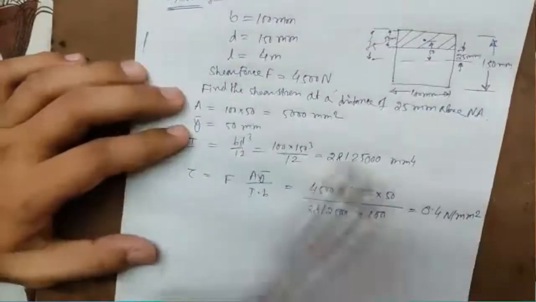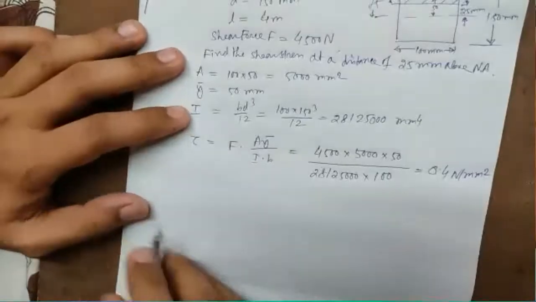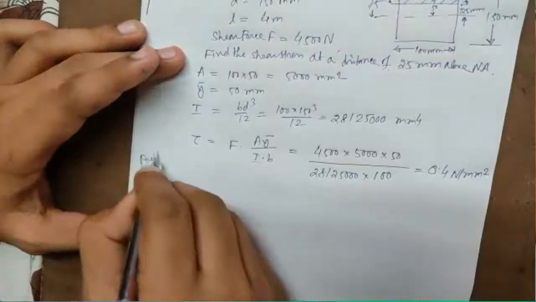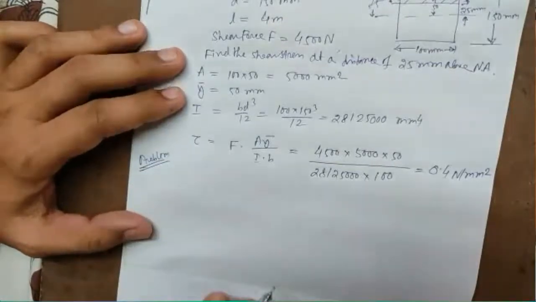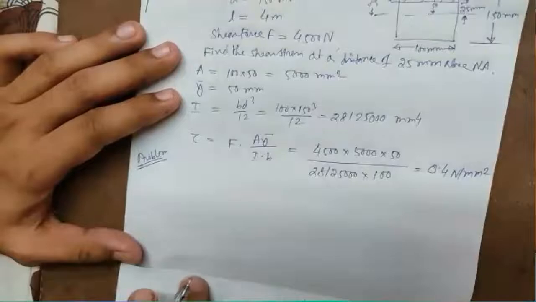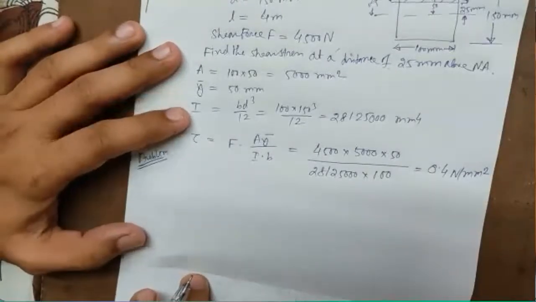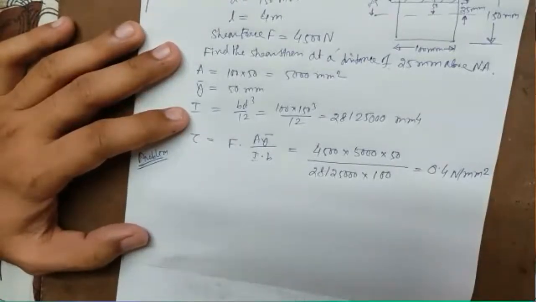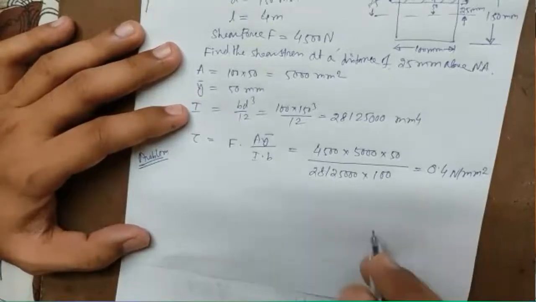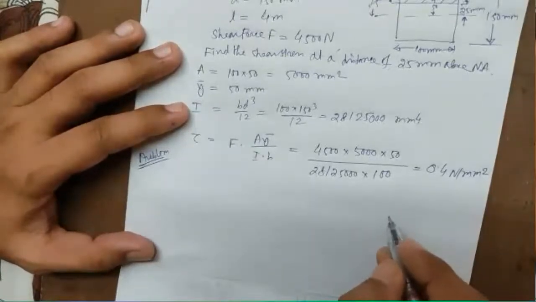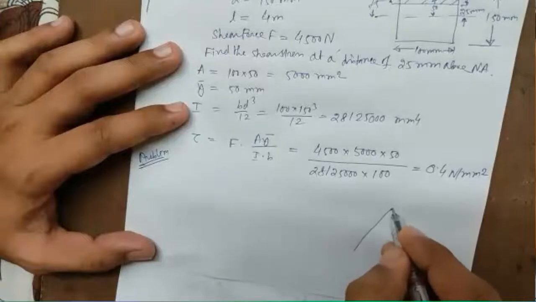Similarly, let us go for another problem. Here a beam of isosceles triangle cross section is subjected to a shear force of 30 kilonewton. Okay, triangular cross section is given, isosceles triangle.